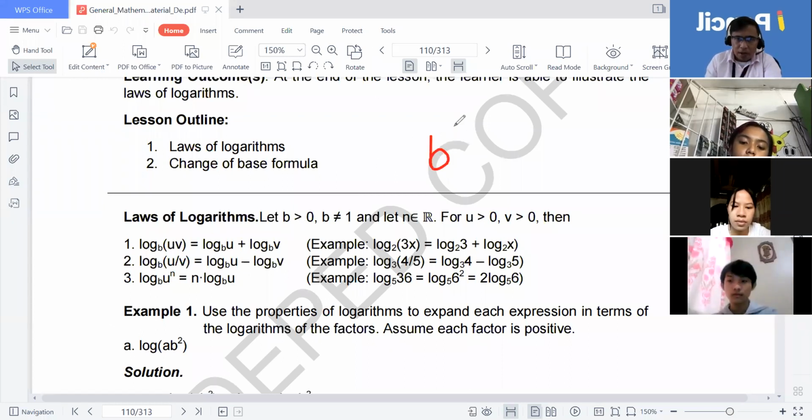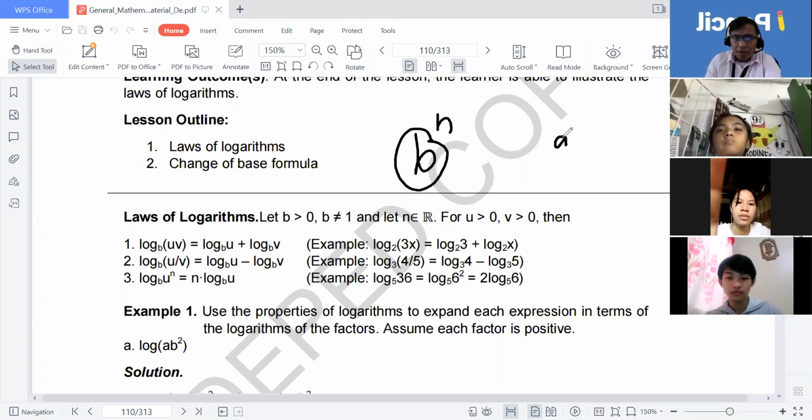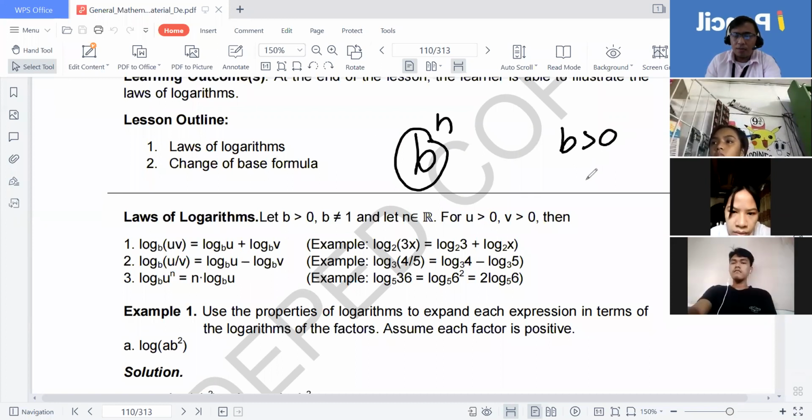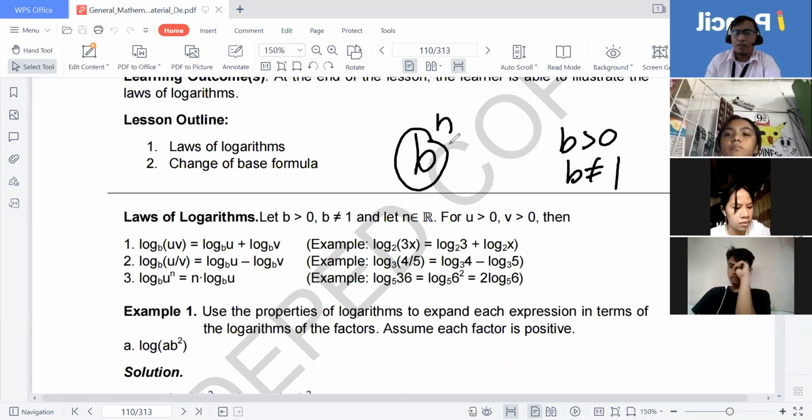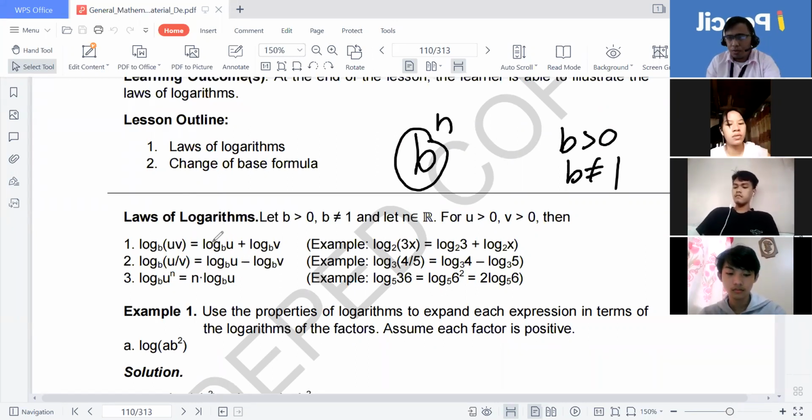If you have b raised to the power of n, this b must be greater than 0, but b should not be equal to 1. So the same thing will happen for the logarithms because the opposite of your exponential is the logarithm.